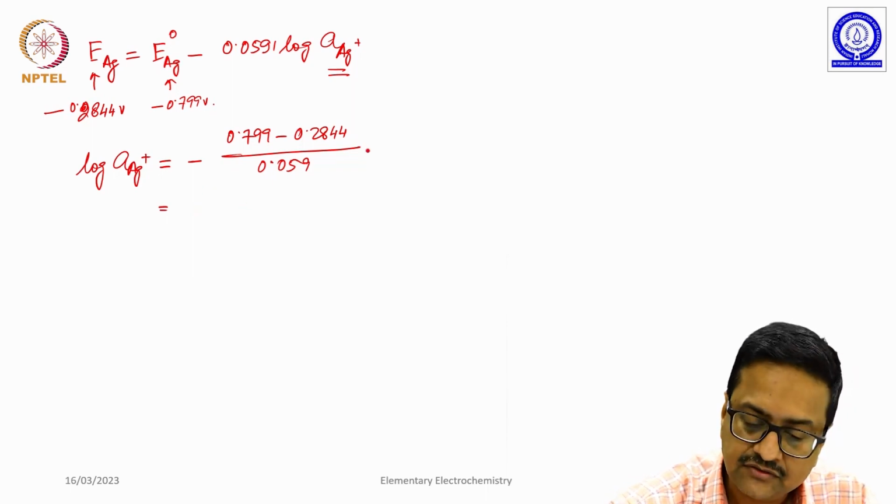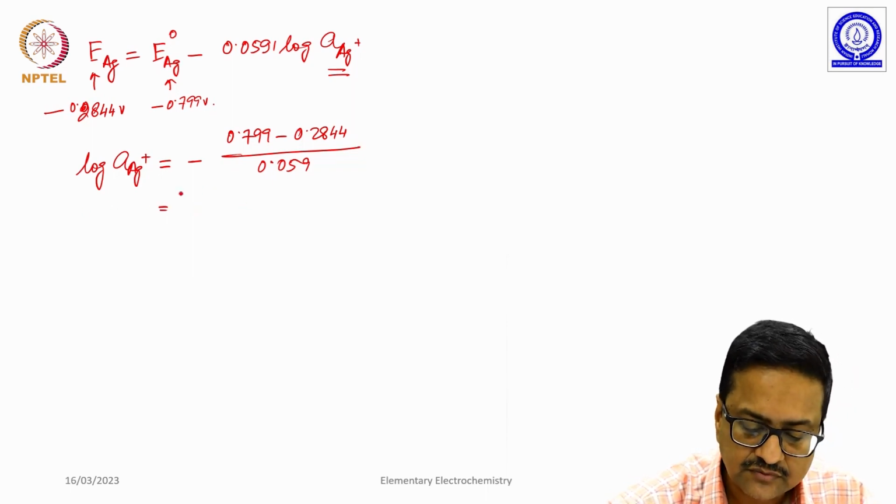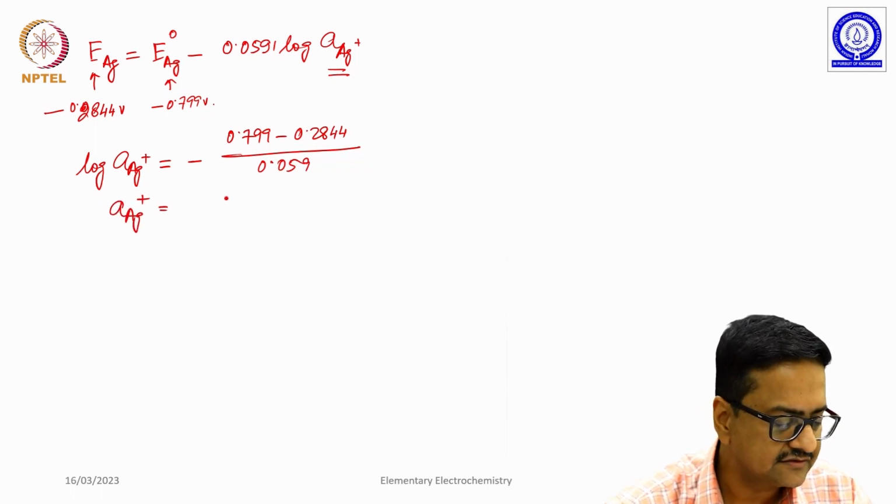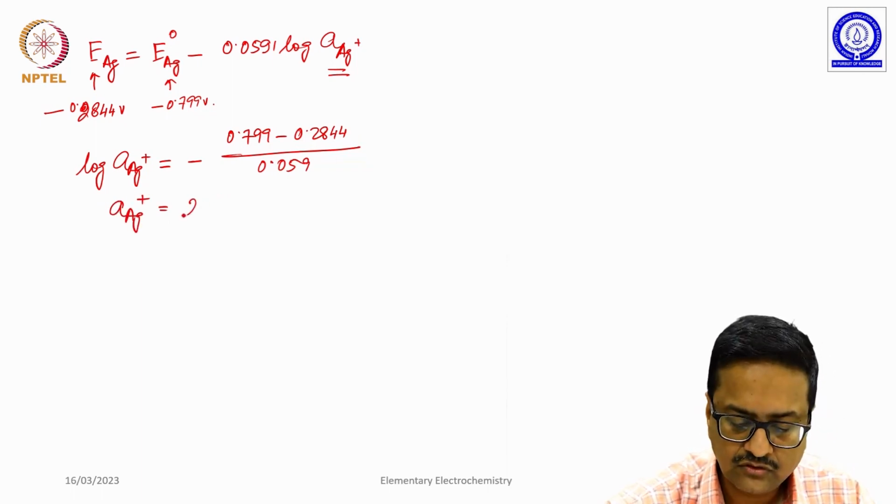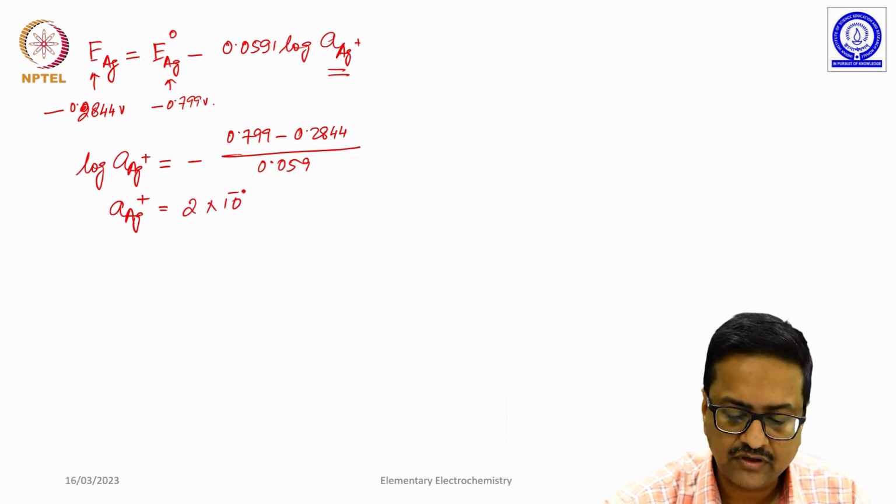From this one can calculate activity of Ag plus as 2 into 10 to the power minus 9.